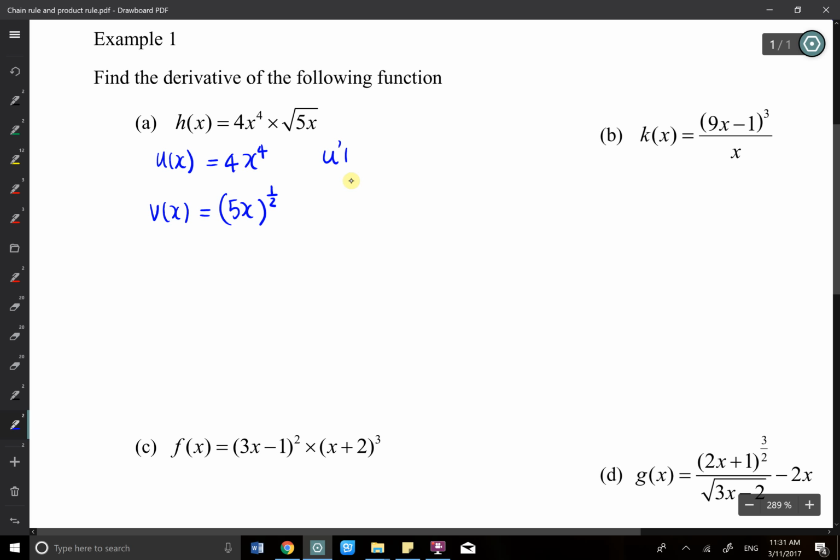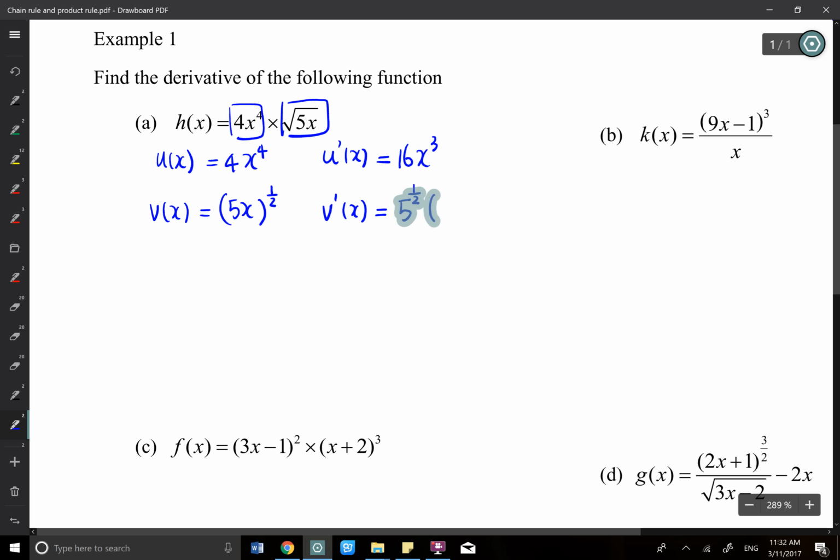Therefore, because that's the product rule, u'(x) will be 16x to the power of 3, and then v'(x) will be 5 to the power of half.